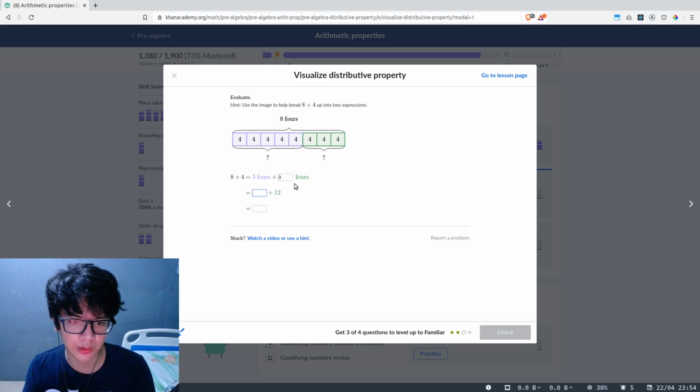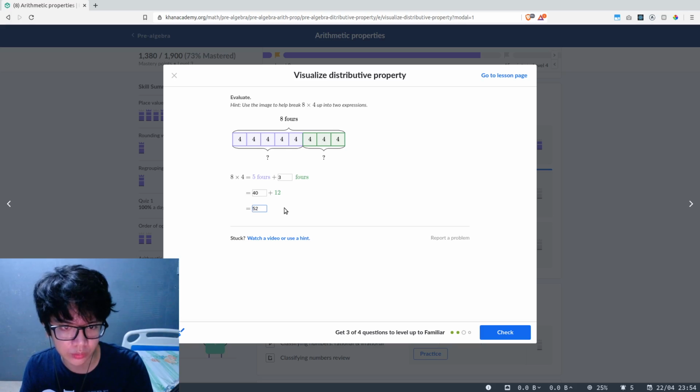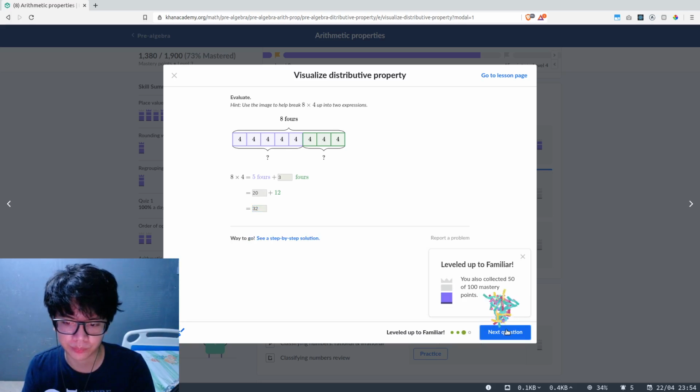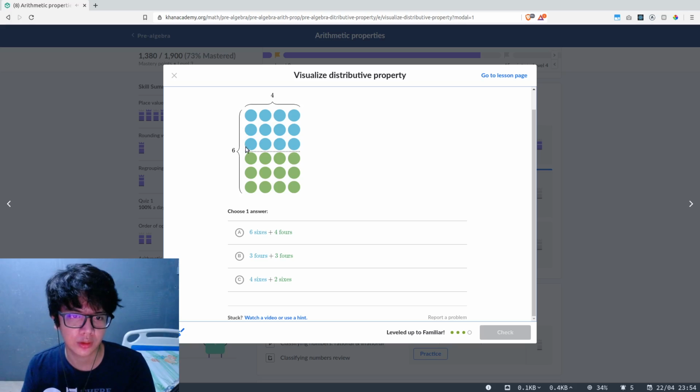Hey, this is the same thing from earlier. Wait, what? Times 4? No. 5 fours is 20, dude. 32. 3 fours. Yeah. This erasing is to bring the two things. Okay. It's gonna be 3 fours plus 3 fours is this visual thing.